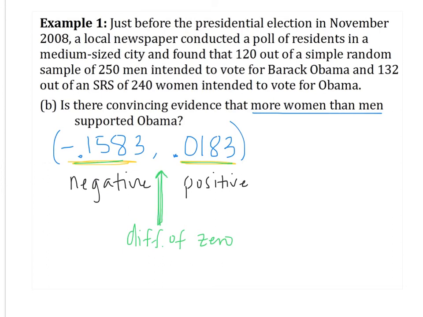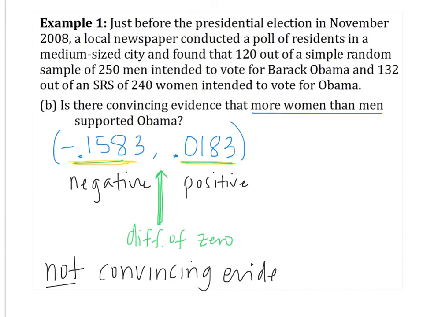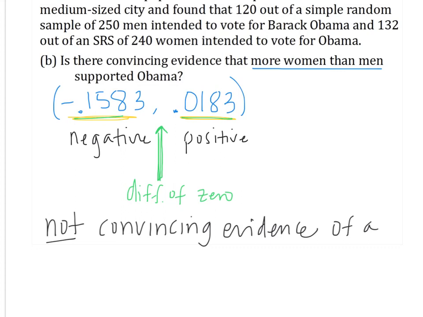And this is a big stats concept. If 0 is in the interval, meaning if it goes from negative to positive, and there's a possible difference of 0, there's not convincing evidence. There's not convincing evidence of a difference because your interval contains the possibility of no difference.